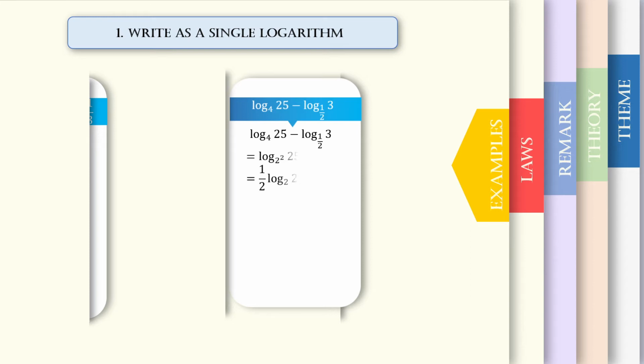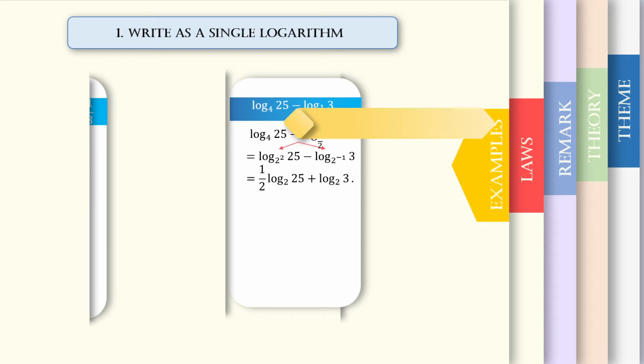So 4 we will write as 2 raised to power 2, and the first logarithm will get the form logarithm base 2 to power 2 of 25 minus the second logarithm, which will get the form logarithm of 3 in base 2 to power minus 1, because, attention, 1 over 2 is equal to 2 to power minus 1.